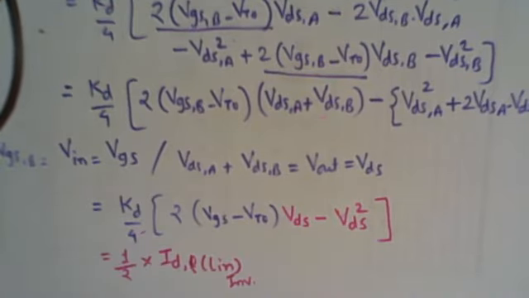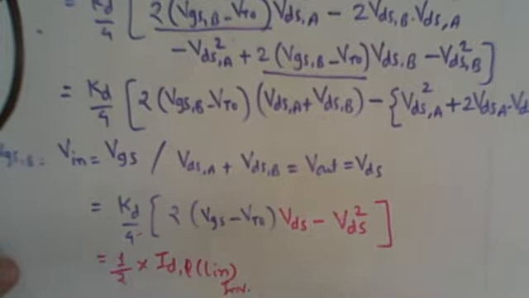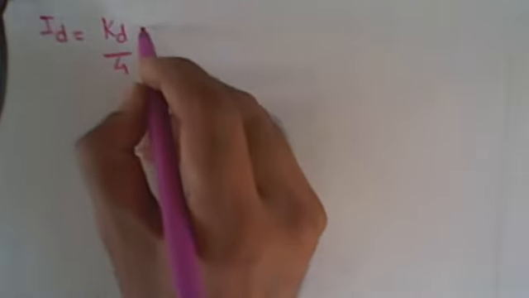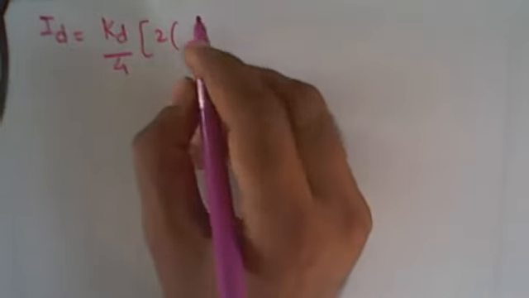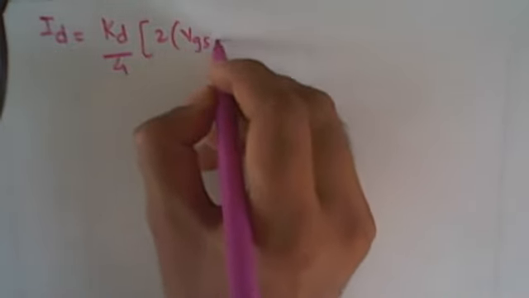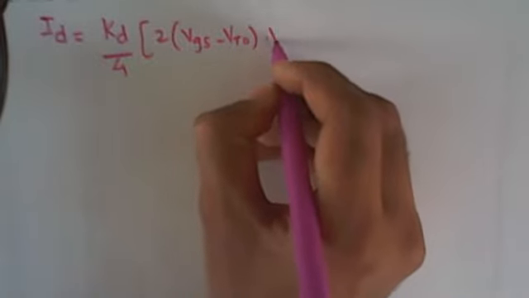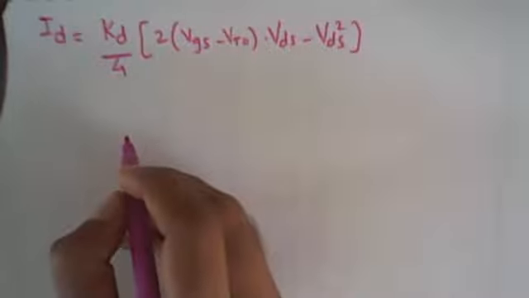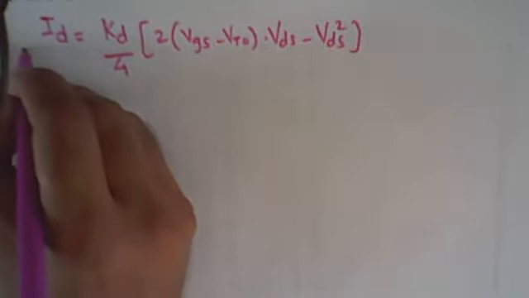So if we compare, our ID current of a 2 input NAND gate is K driver by 4 into 2 times of VGS minus VTO into VDS minus VDS square. Now this is the ID current of the 2 input NAND gate.